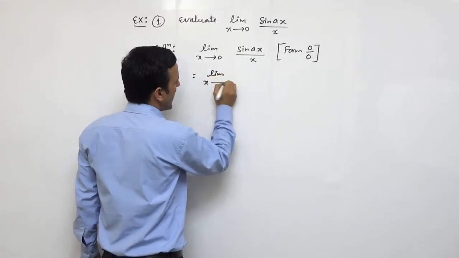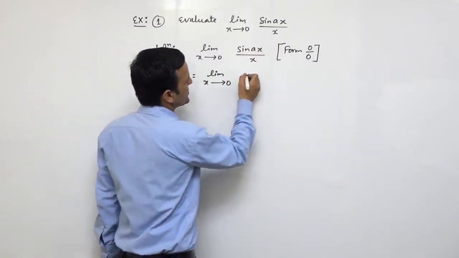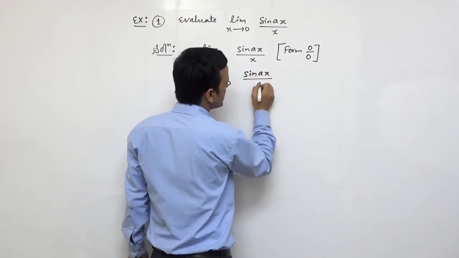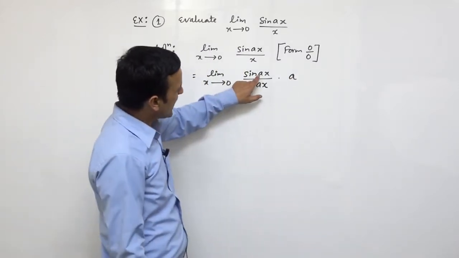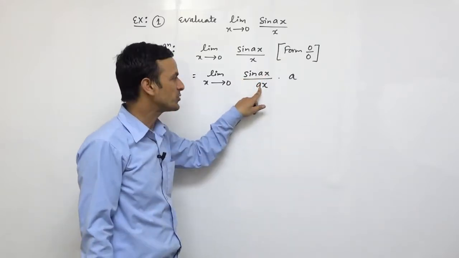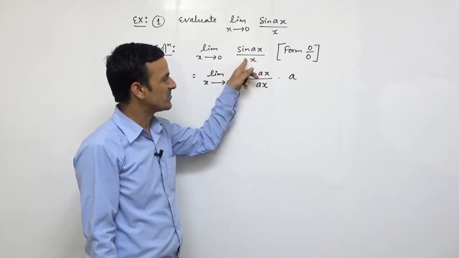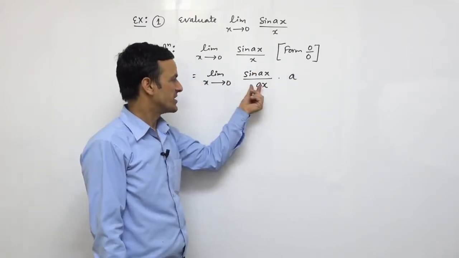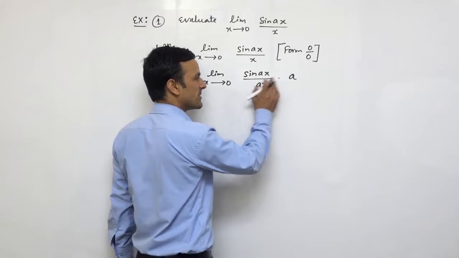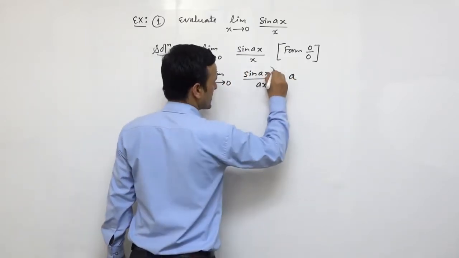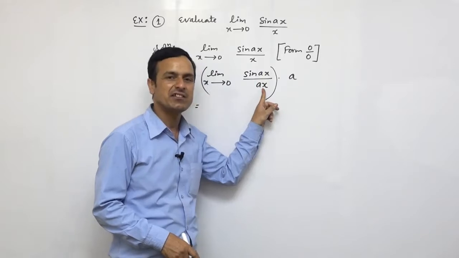So we can't substitute directly in the place of x in this limit. We can solve it like this: limit x tends to 0. When 0/0 comes, we don't directly put the value of the limit. For this we have to arrange the terms: sin ax divided by ax, into a. Here, we entered ax, the same as the angle of sin, and we multiplied by a. The x is already there, not an additional term; a is our additional term. So to balance the division, we multiply it over here. If you use the property of sin theta by theta, then it will be 1.